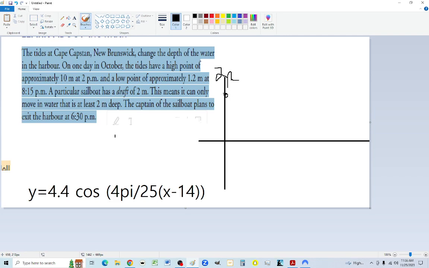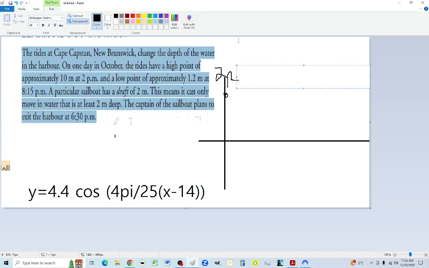So that's 2 p.m. comma 10. And we know that at 8:15 p.m. we're going to hit a low. 8.25, which is 8 hours and 15 minutes, is 8.25. And it's going to be the low of 1.2.